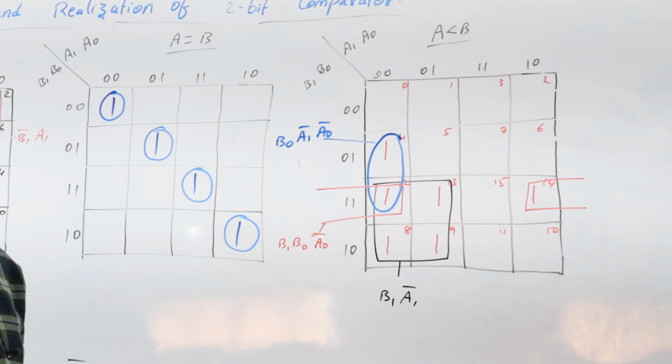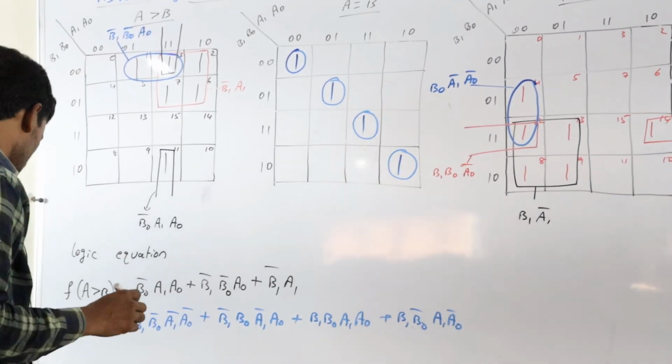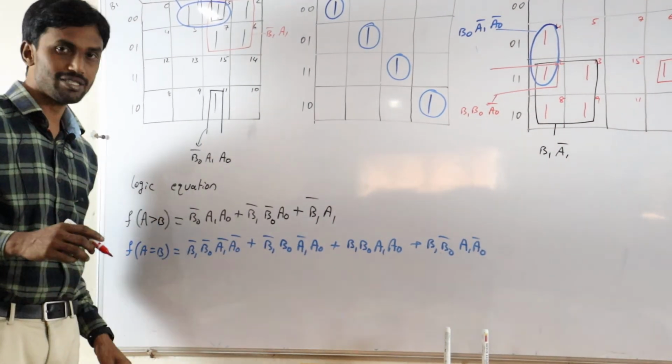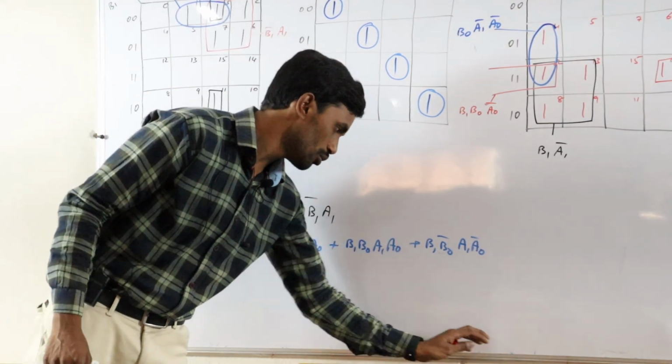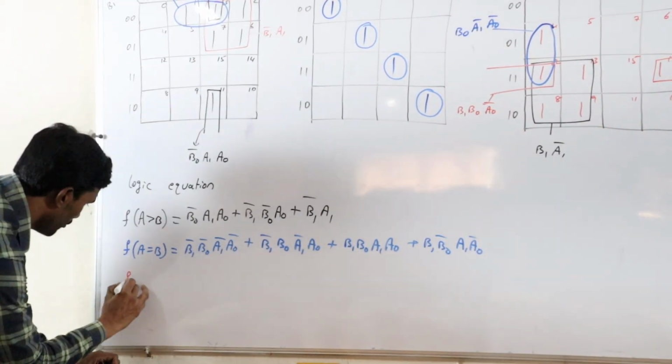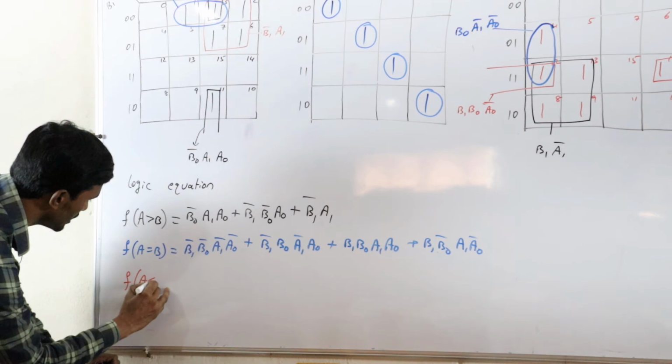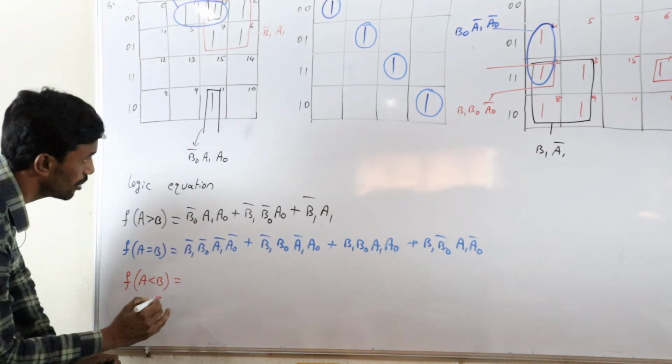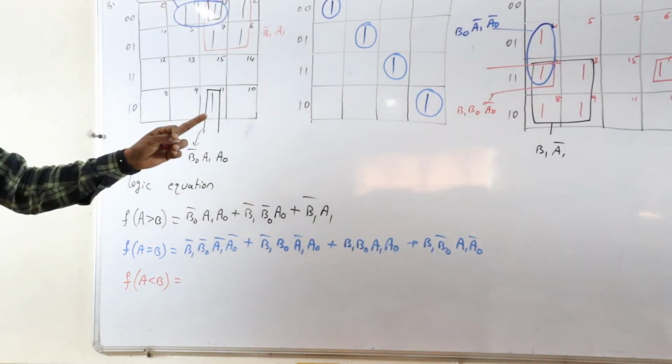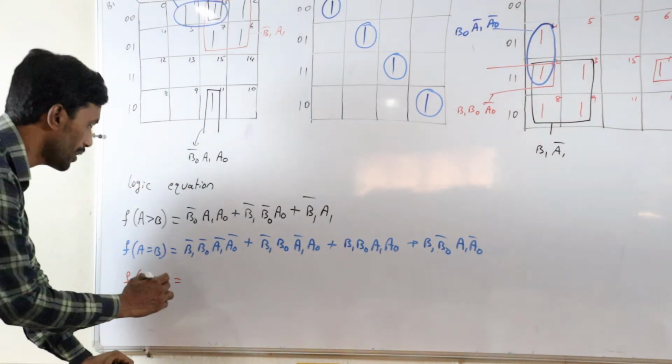Let's write down the 3 min terms over here. So these are the 3 logical equations. You got it. So F of A less than B is equal to, the first min term is B1, B0, A0 bar.